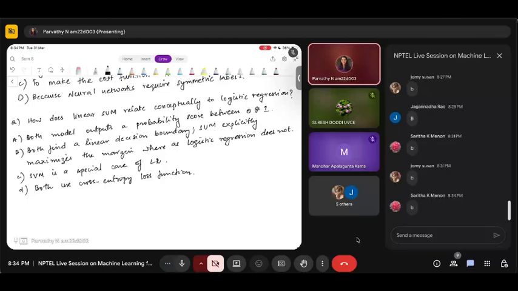Both use Rosen-Robbie for loss. So this SVM explicitly maximizes the margin.